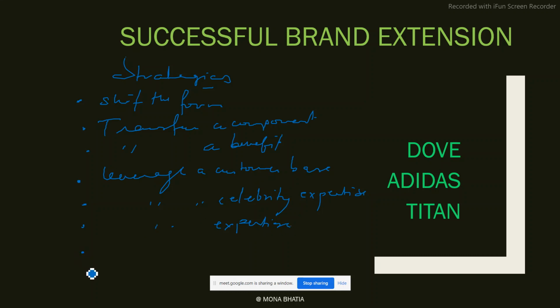Then we have companion product, जैसे मैंने बताया आपको. ठीक है. Then we have, इसमें leverage में एक और आ जाएगा, leverage a lifestyle, ठीक है. ये हो गया.